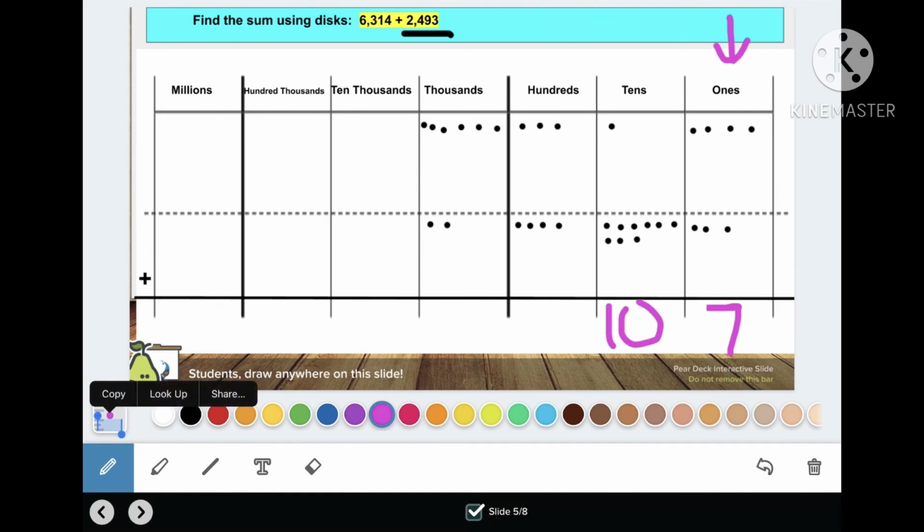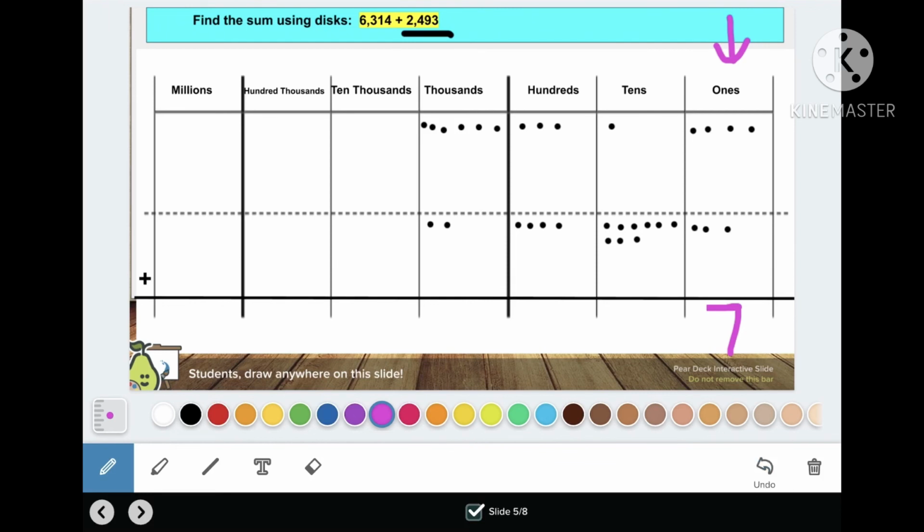That's right, it equals 10 tens. But remember, you guys, I cannot have 10 tens in my tens place, which means I need to do what? That's right, I need to bundle. So I'm going to bundle, which means I need to find a group of 10.